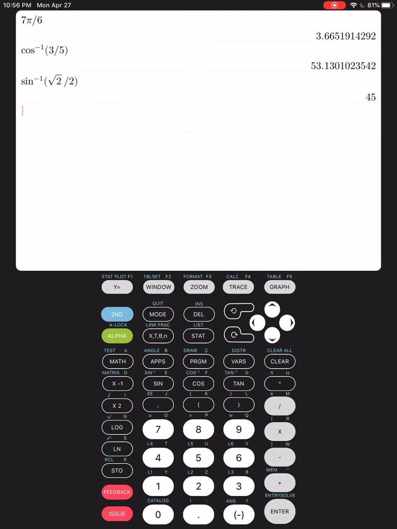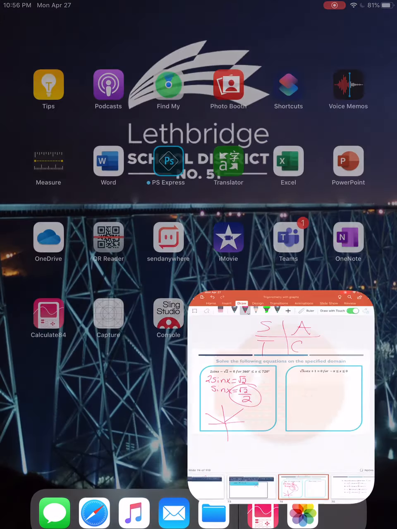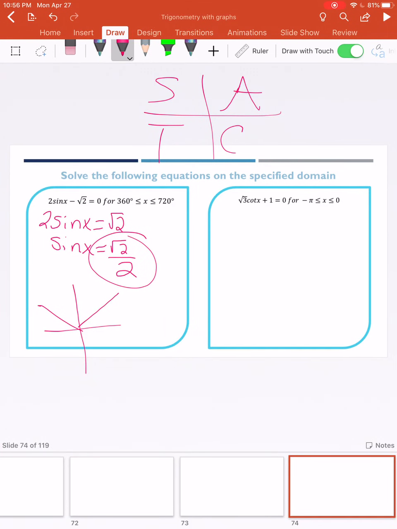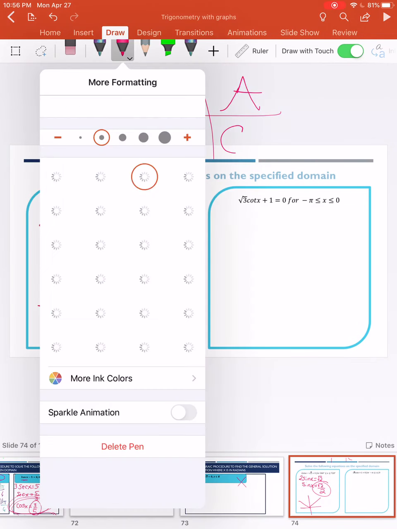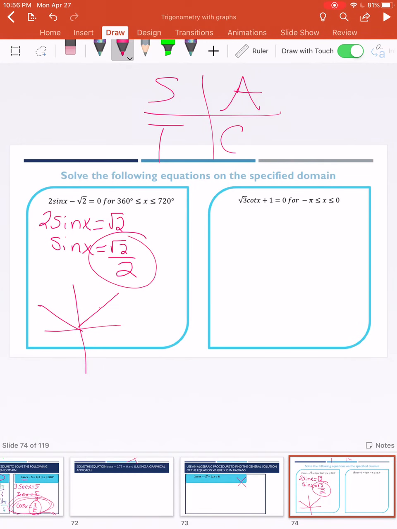Enter, and I end up with 45 degrees. All right, so I have an angle of 45 here. Okay, and then I should have a similar reference angle over in quadrant 2, which would have a principal angle of 180 minus 45, which ends up giving me 135.